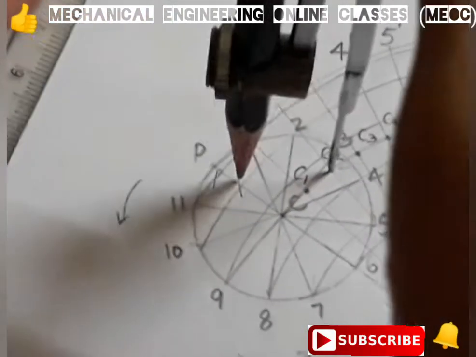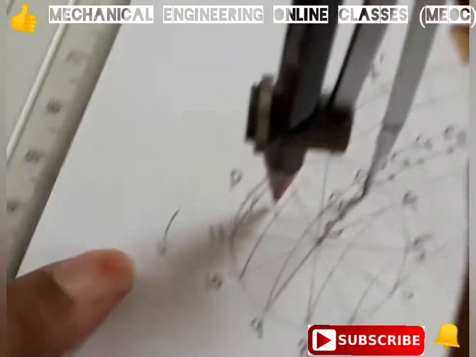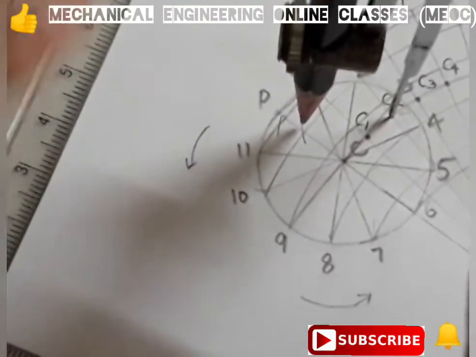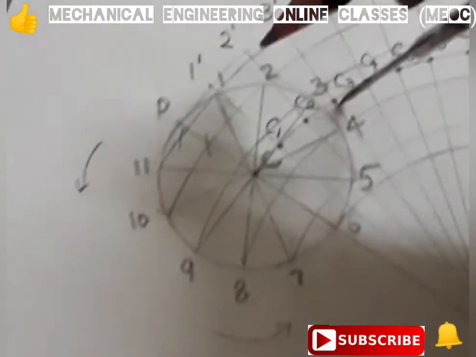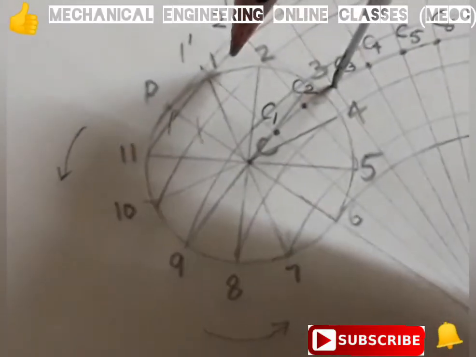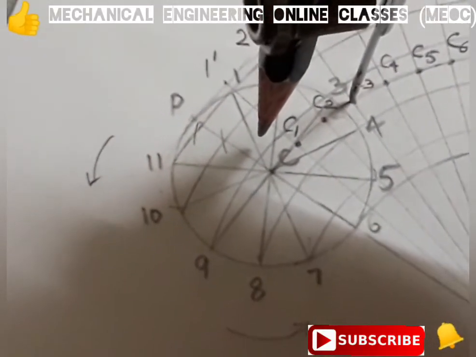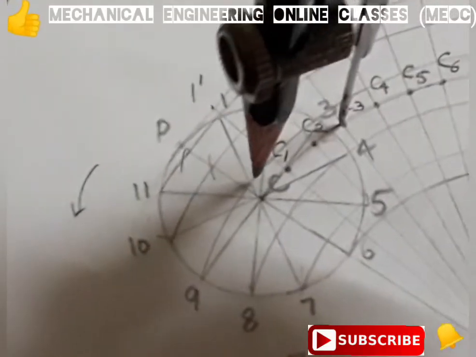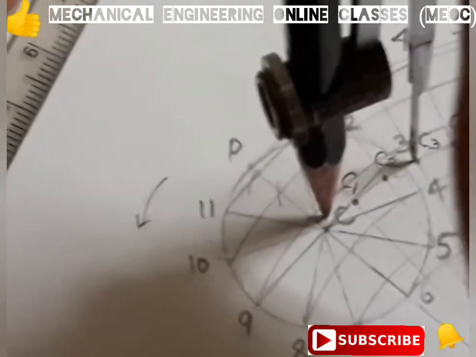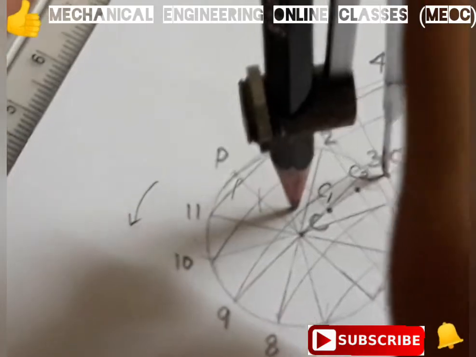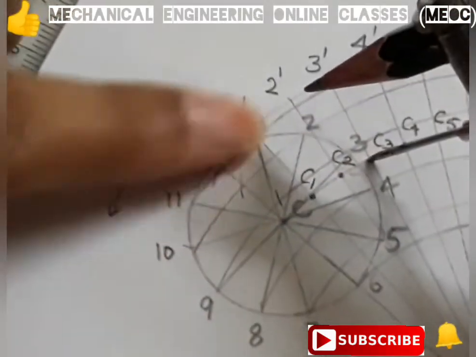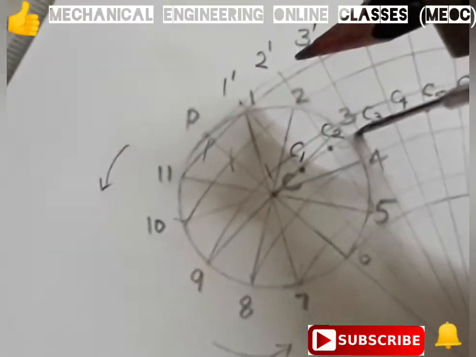Okay, I am drawing it like this on the left side because it is moving in this direction only, in the counterclockwise direction. With C3 as center and radius equal to CP, I am drawing an arc on the very immediate level, that is the arc passing through 3, 9.